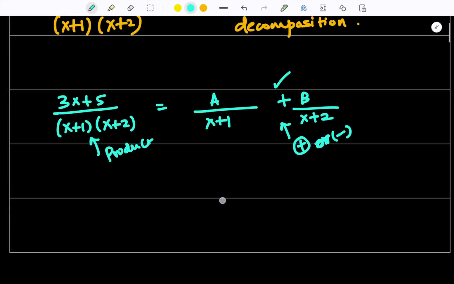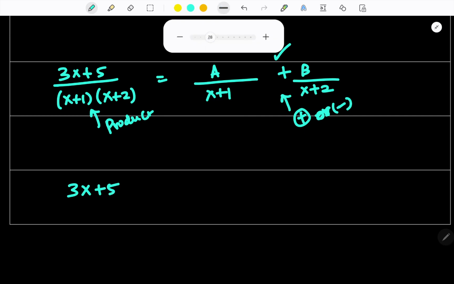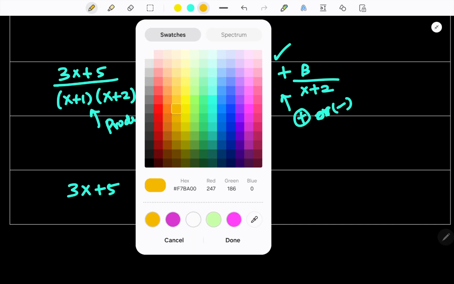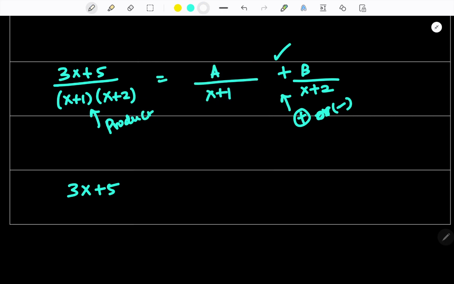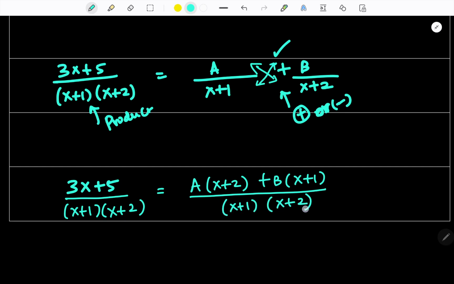Understand? Right. Now after that, what you need to do is write (3x plus 5) divided by (x plus 1)(x plus 2) equal to a, you cross multiply, so this also a multiplied by (x plus 2) plus b multiplied by (x plus 1), divided by (x plus 1) times (x plus 2).